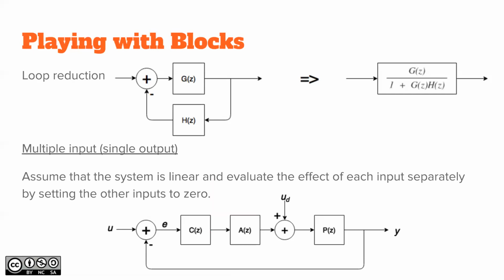So the input is X(z), and the output is Y(z), which here is actually the same as G(z) times whatever comes from the left-hand side, which is X(z) minus H(z) times G(z).